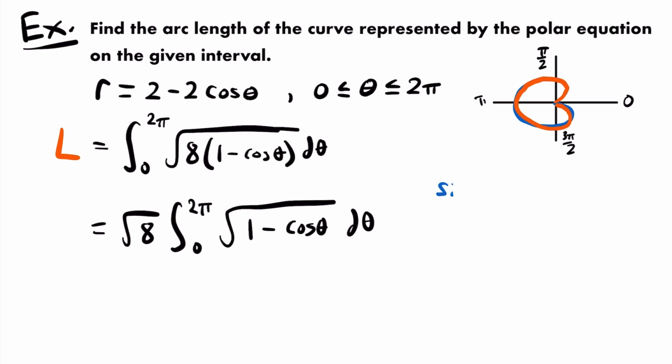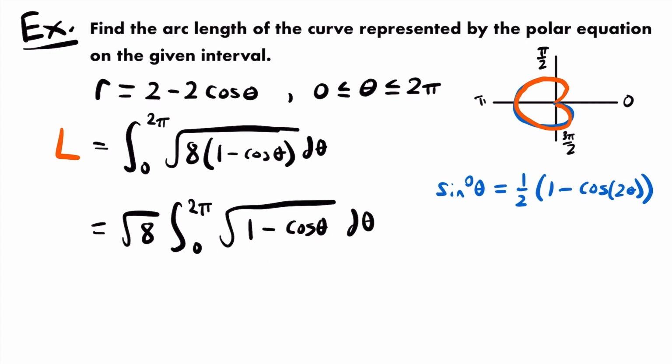We know that sine squared theta is equal to 1/2 times 1 minus cosine of 2 theta. Now that doesn't look exactly like what we have right here, right? We just have 1 minus cosine theta, but it's very similar to this expression right here, 1 minus cosine of 2 theta. What we can do is actually manipulate this identity a little bit so that this side of the equation does look like what we have within our integral.